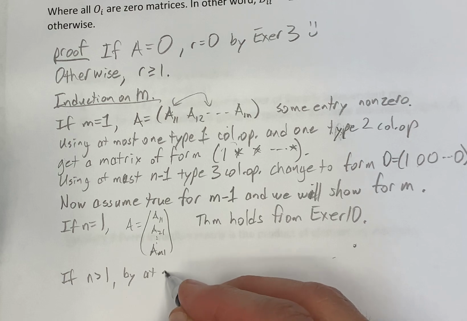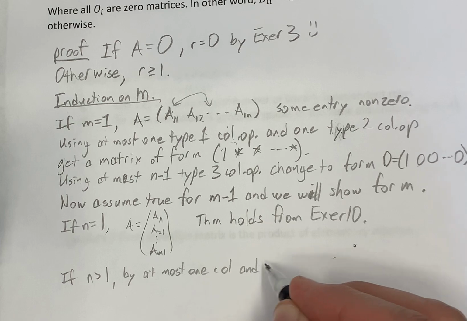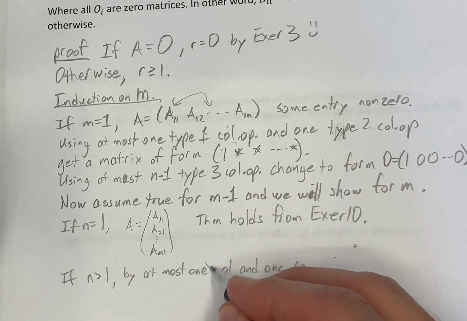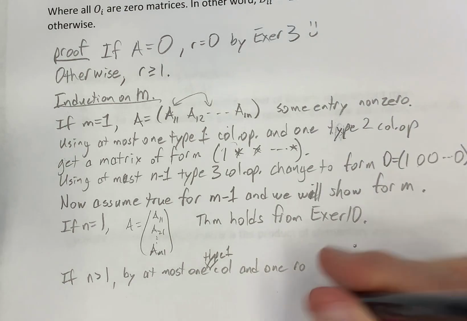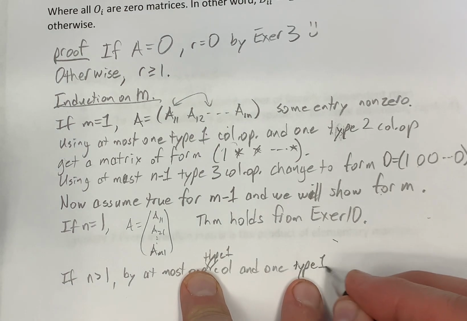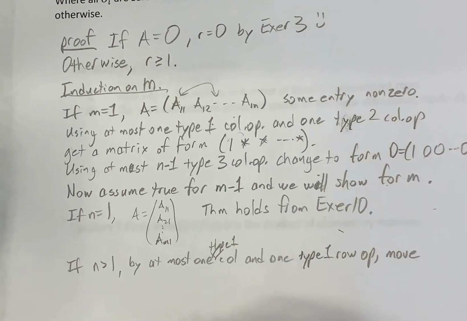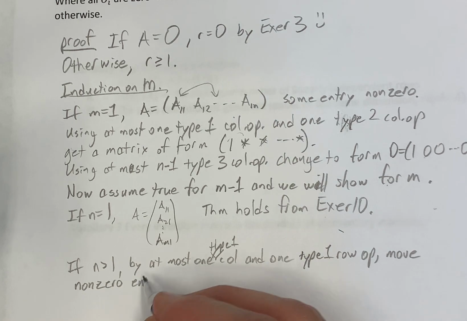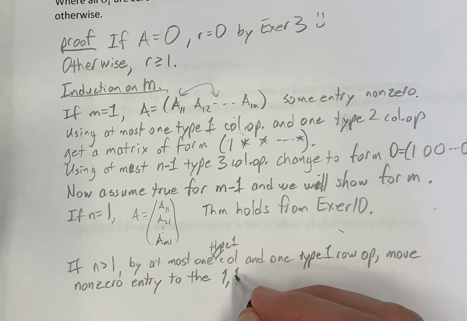By at most one type 1 column operation and one type 1 row operation, those are the swaps, move the non-zero entry to the 1,1 position.